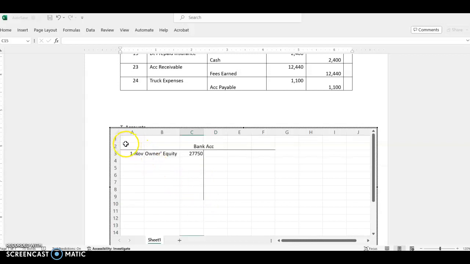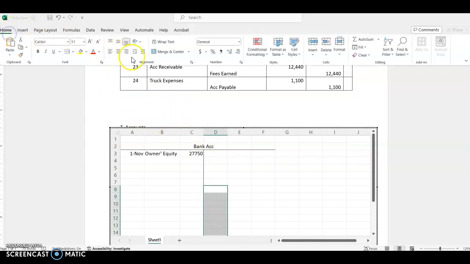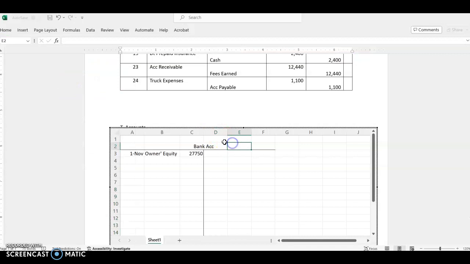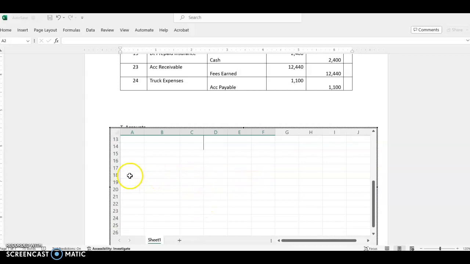So what we need to do is a shortcut. Name it owner's equity.